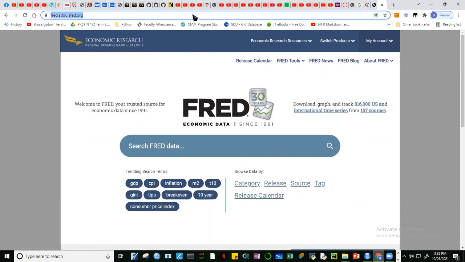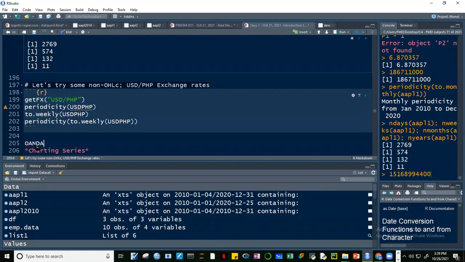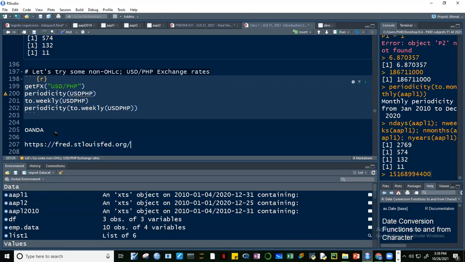Okay, so why don't I copy the reference so that in case I share this with you. Sure. So other sources of data aside from Yahoo Finance.